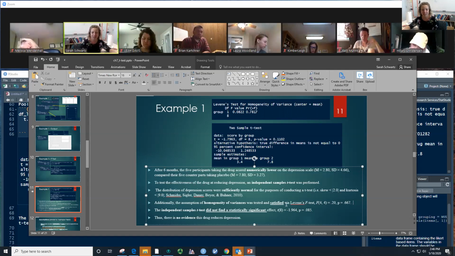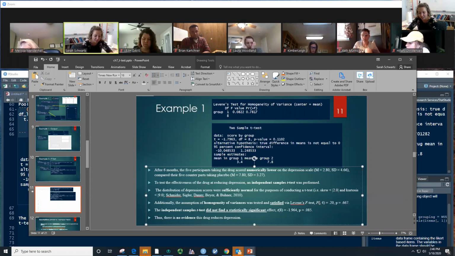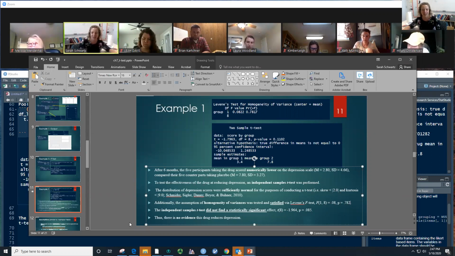So testing Levene's test here. Additionally, the assumption of homogeneity of variance was tested and satisfied via Levene's test. And then the data for Levene's test is here at the end. Now this is not the same numbers that are above. And then the independent samples t-test did not find a statistically significant effect.